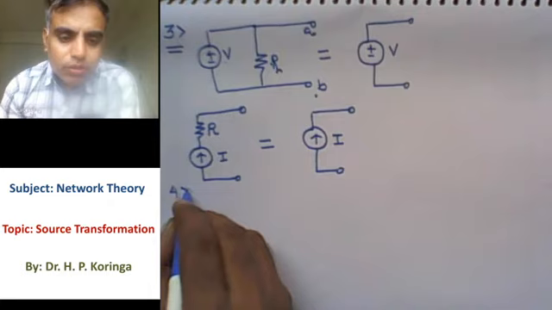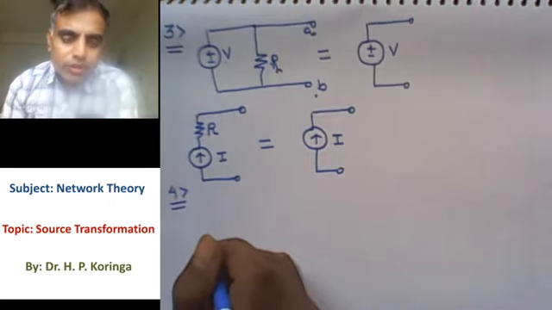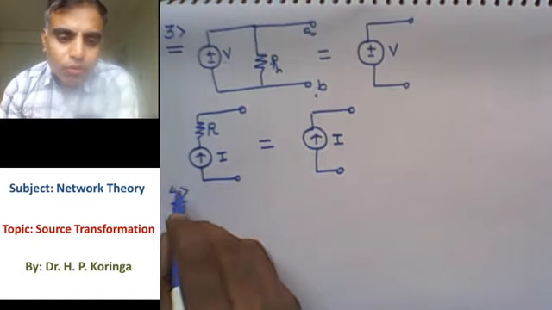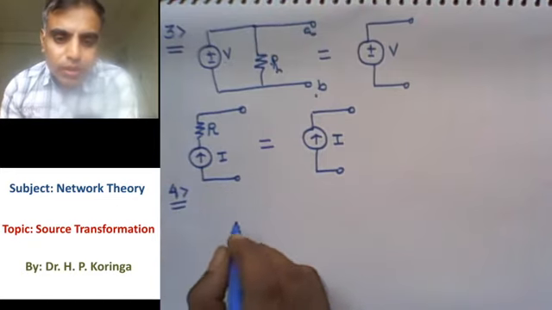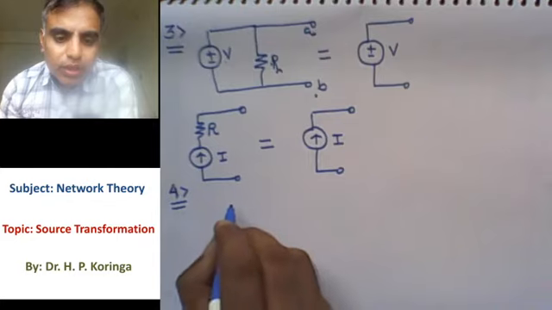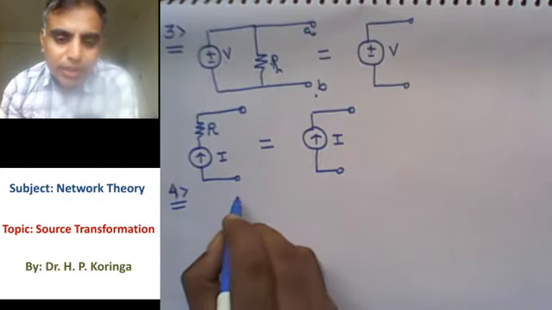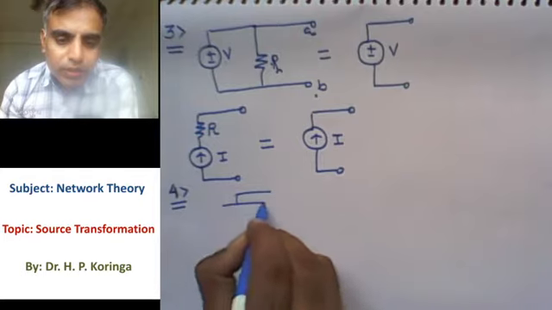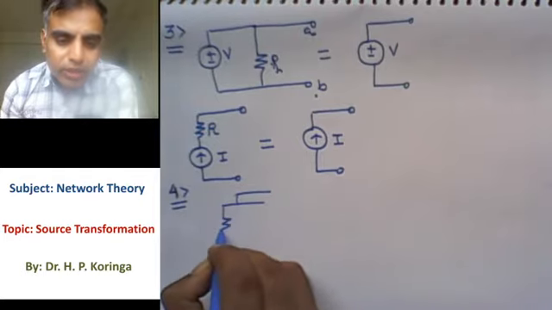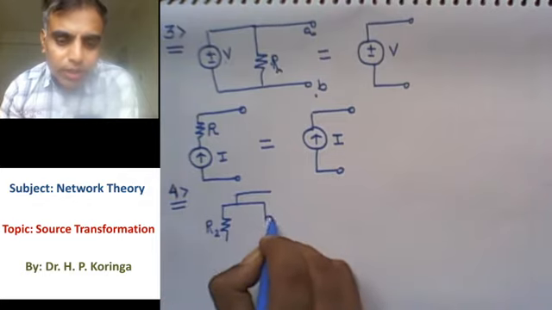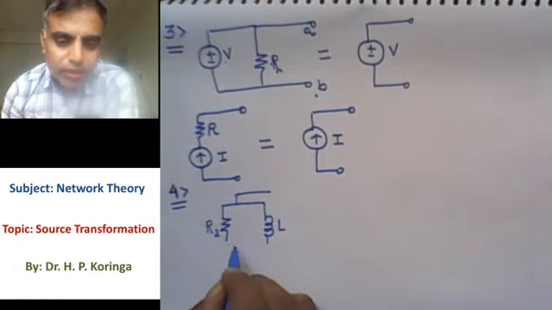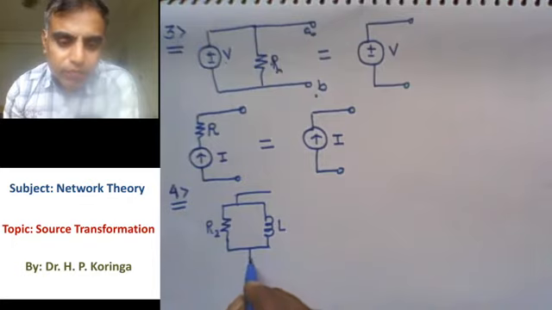Fourth rule of source transformation is, when we have any two branches, let me take one branch, suppose it has R2 and here the inductor L, and here we have a voltage source V, right?